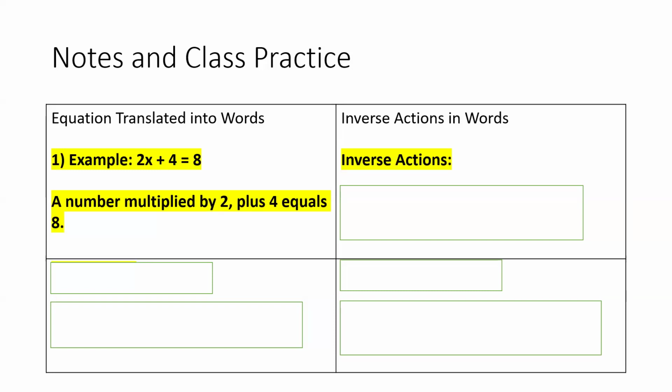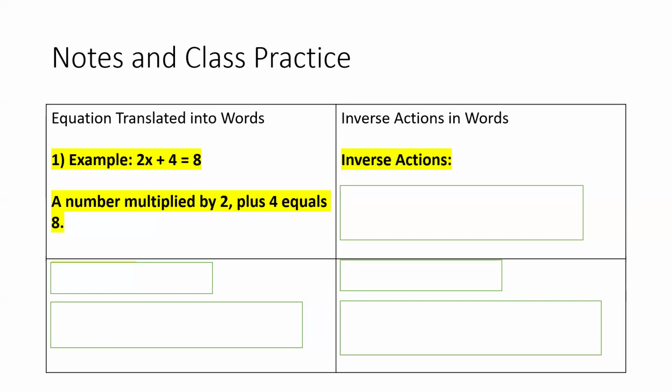So instead of plus 4 equals 8, how would I write that? What's the opposite operation of plus? Subtract. So you're going to have to subtract the 4 now instead of plusing the 4.